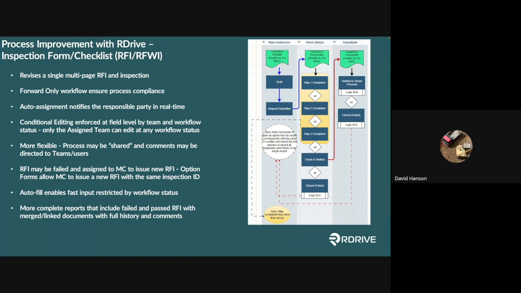The forward-only workflow is going to ensure process compliance because users at any stage can only edit once at a time, and when they change the workflow, it's automatically assigned and a notification is received. So conditional editing is enforced at the field level.